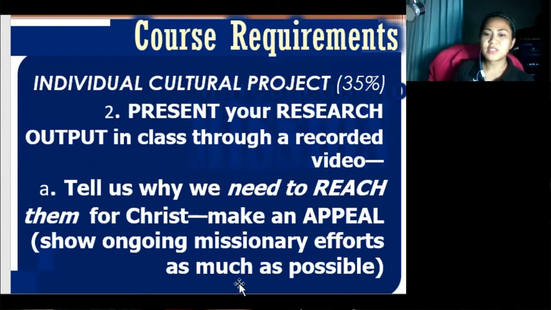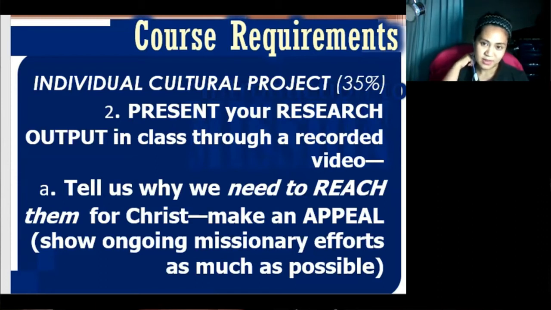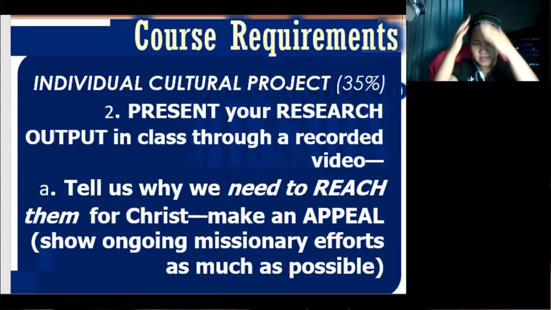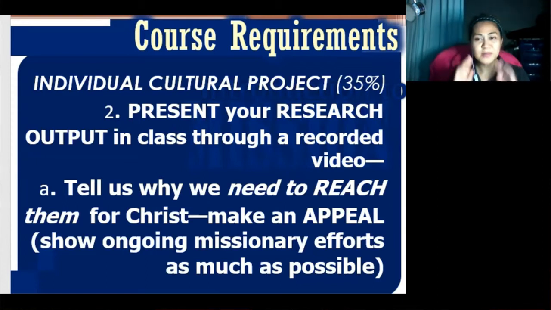Show ongoing missionary efforts as much as possible. And I think it will be a good idea that you also wear something that can represent the group that you have chosen. Anything, you can be creative with that. For example, if it's a Muslim group, you can use a hijab or anything that will represent the Muslims.